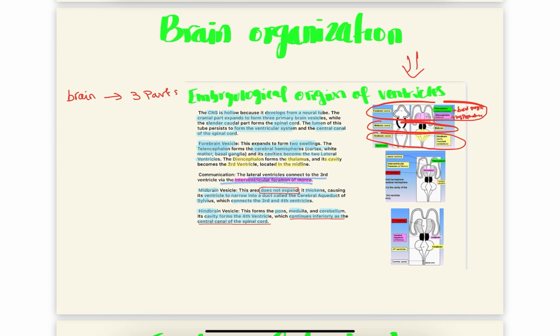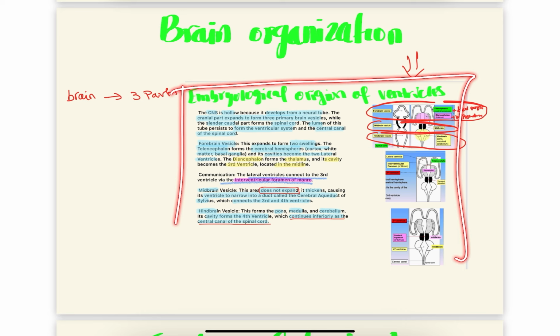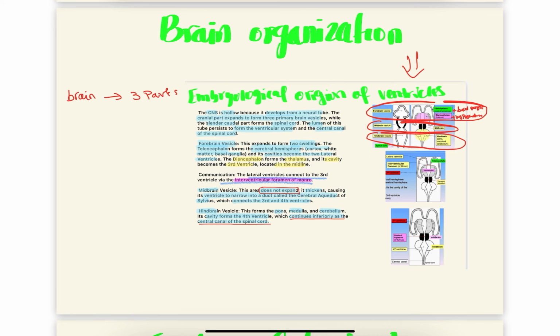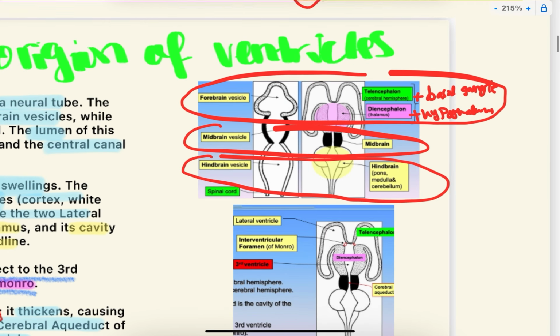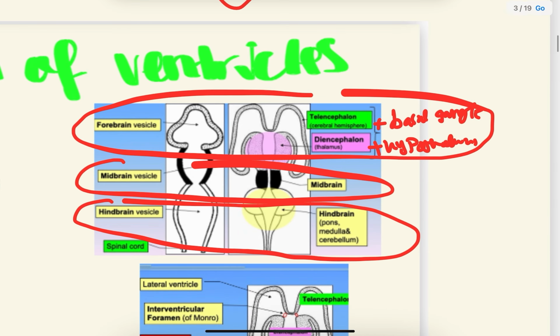and the rest of my videos to check, for example, the tracts or anything else related to the lecture. I just put the slide here, but what I mainly need from it is to take a look at this picture here. The forebrain vesicle, it gives me what? It gives me the telencephalon and the diencephalon.